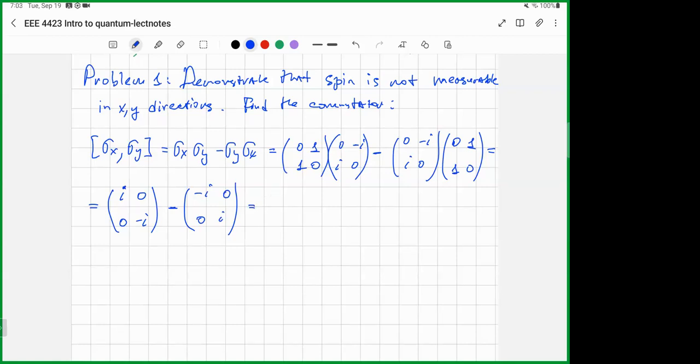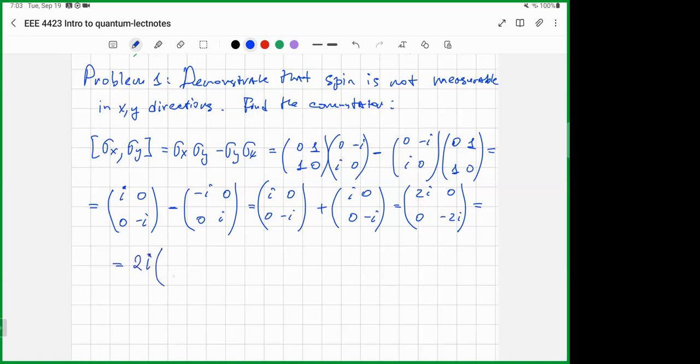So it's going to be I, 0, 0, minus I, plus I, 0, 0, minus I, or it's equal to 2I, 0, 0, minus 2I. Or if I take 2I from this matrix, it's going to be 2I times 1, 0, 0, minus 1.